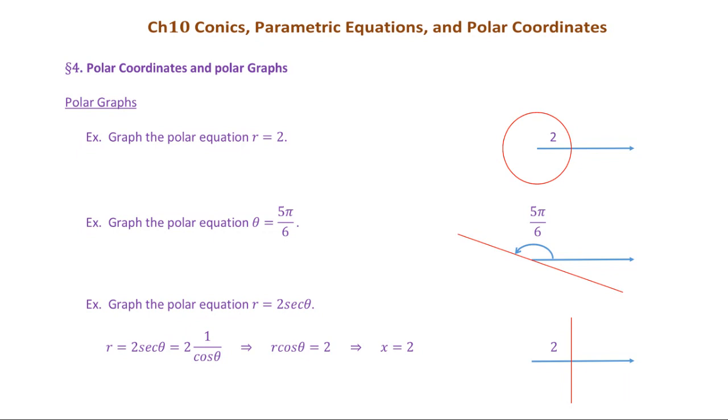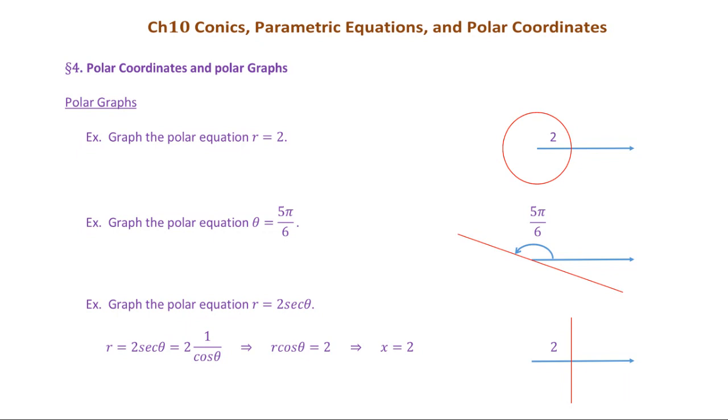For the upper part, the directed distance r is positive. For the other part below the polar axis, r will be negative because you reflect the upper half to the lower half across the pole. So this equation theta equal to 5 pi over 6 does describe the whole line with polar angle 5 pi over 6 passing through the pole. Let's show it in the graph.